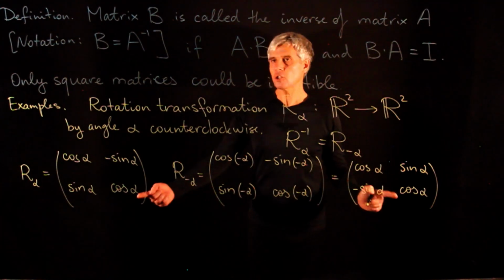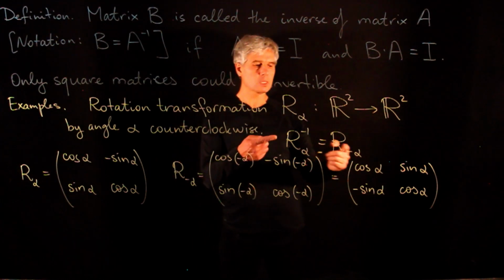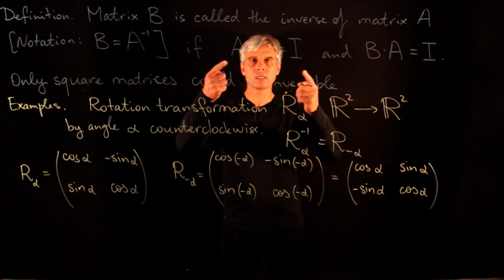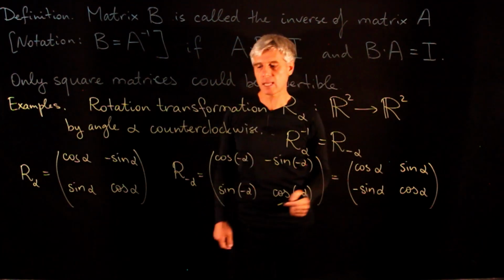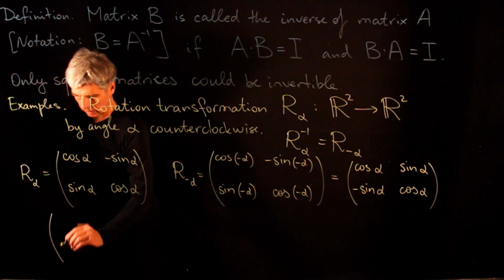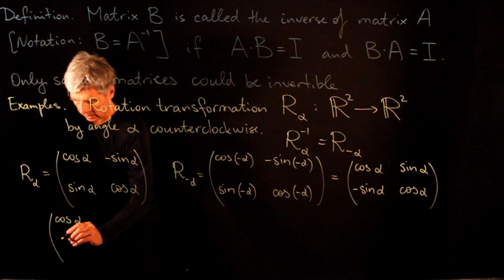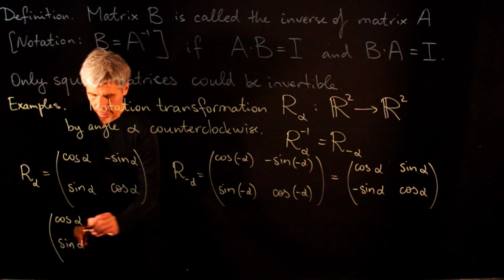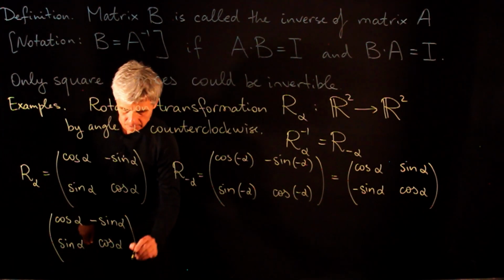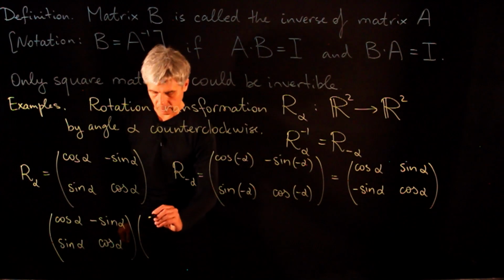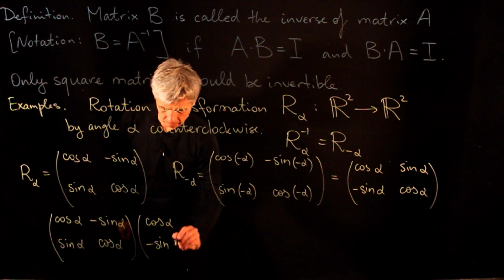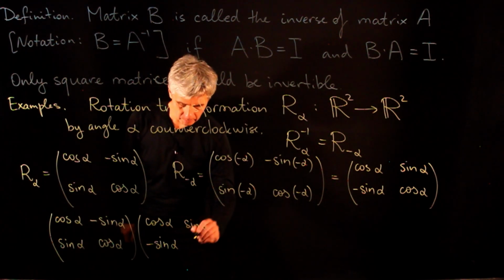Now, because these are two transformations that are inverses to each other, our prediction is that the product of these two matrices is the identity matrix. So let us check this. So we have cos alpha, sine alpha, minus sine alpha, cos alpha, times the second matrix, cos alpha, minus sine alpha, sine alpha, cos alpha.